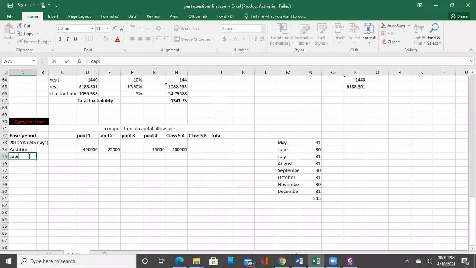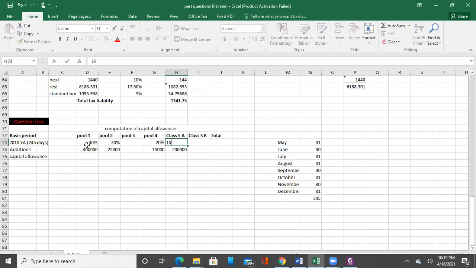So capital allowance. Pool 1 rate is 40%. Pool 2 is 30%. Pool 3 is for heavy duty equipment and minerals and mining companies. Pool 4 is for 20%.